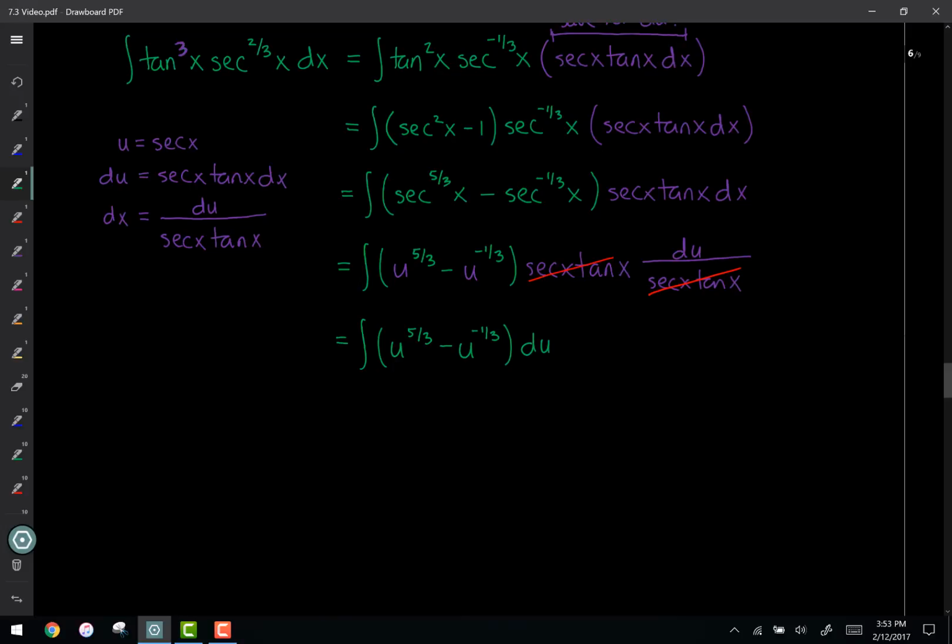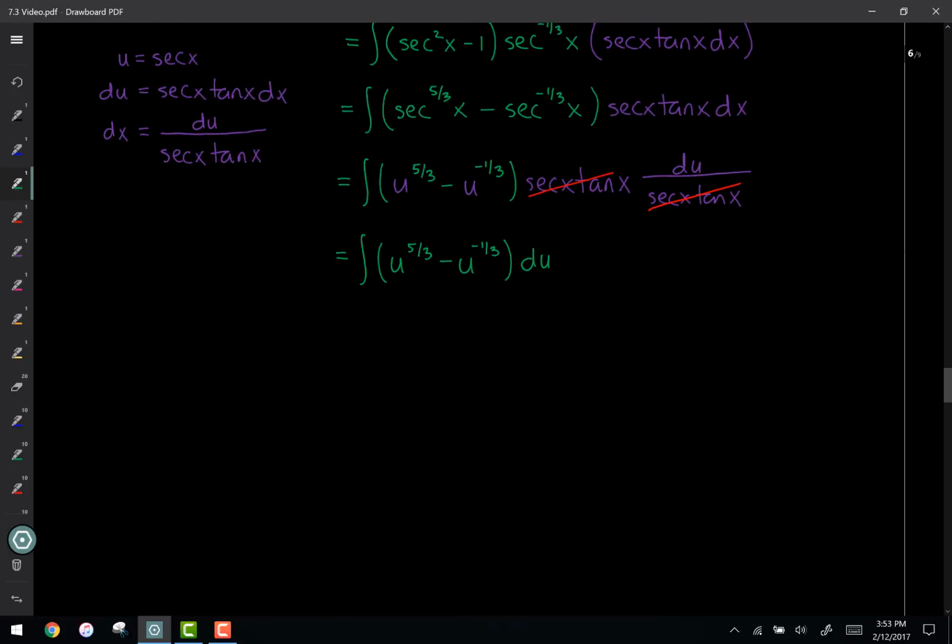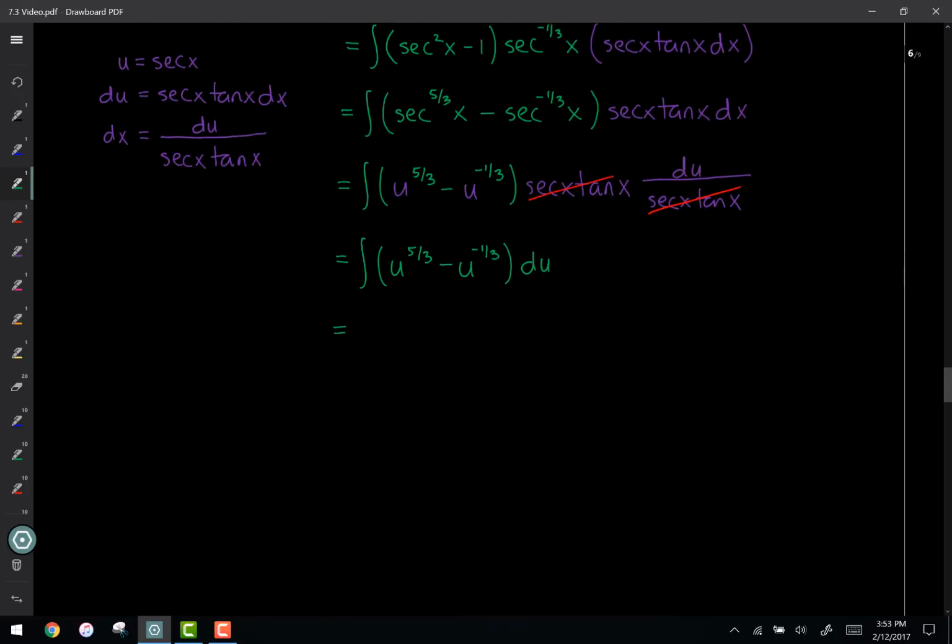So again, just go ahead and do the power rule on this. So we're going to get really good at adding 1 to fractions, like I said in class. So 5/3 plus 1 is 5/3 plus 3/3, so 8/3. So we're going to have a 3/8 u to the 8/3. Add 1 to a negative 1/3 gives you a positive 2/3.